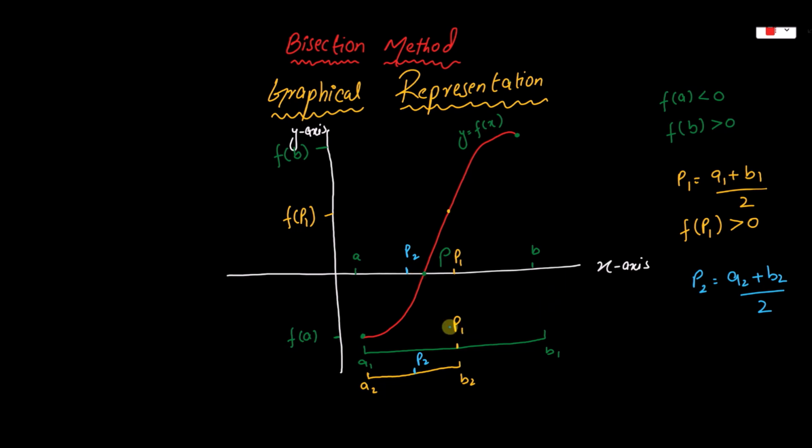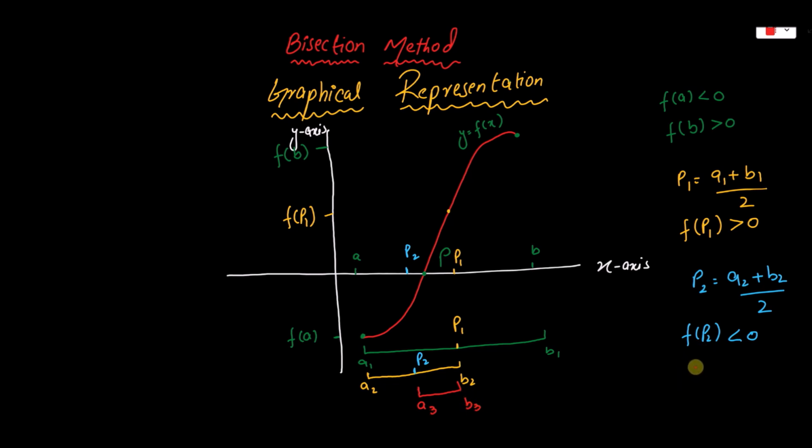Again, we put the value of P2 back into the function, and we see that f of P2 is less than 0, which means that the function is negative. So the root must be between P2 and B2. This is our next approximation, and we call it A3 and B3.